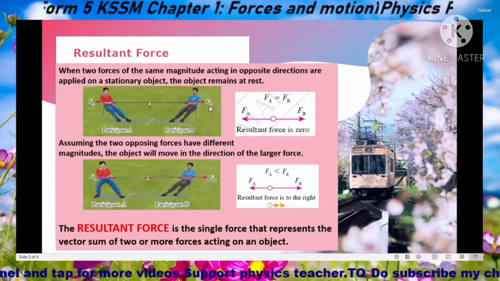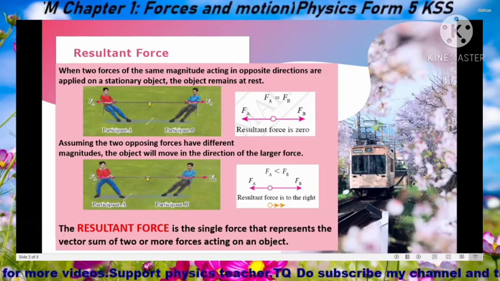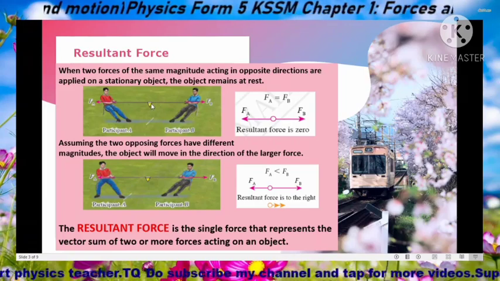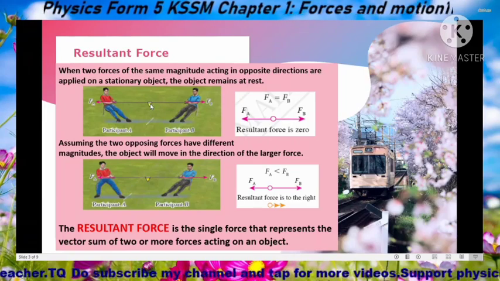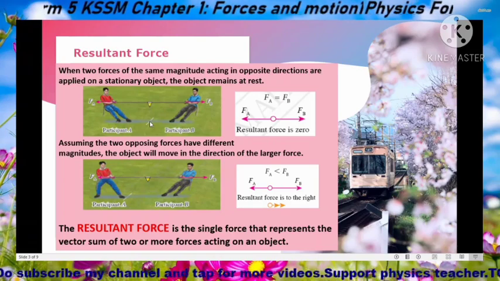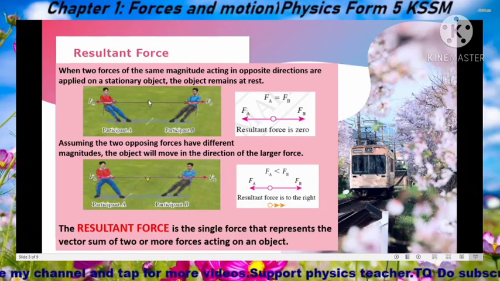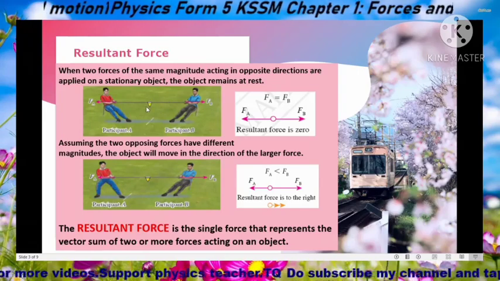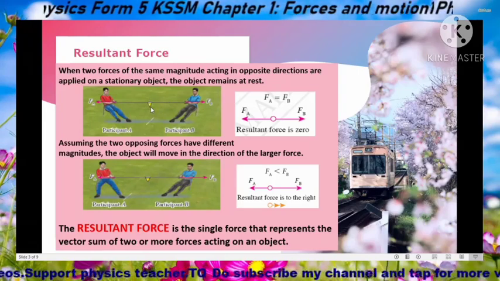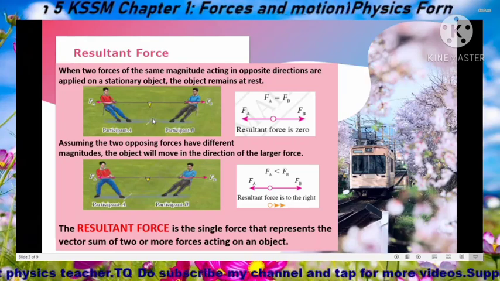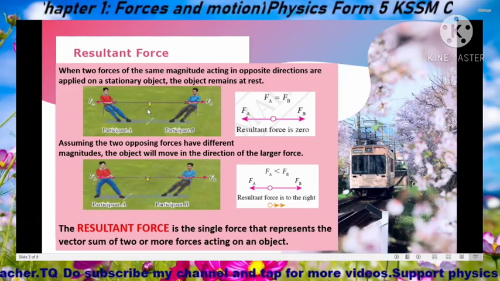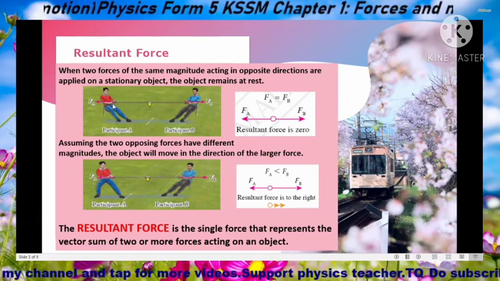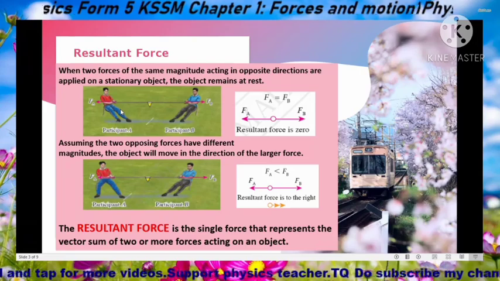Participant B applies pulling force Fb. As you can see, there's a yellow flag here. This will show which side will move more than the other side by referring to this yellow flag. So the reference line is the white line here. If the yellow flag stays here, meaning there's no movement, they are balanced.